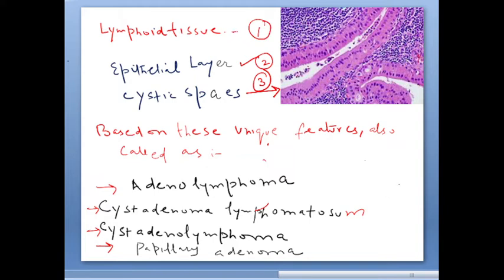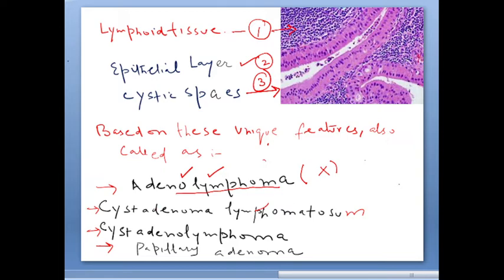Based on these characteristic features, they were called adenolymphoma, but this term was not accepted because it didn't reveal all the unique characteristic features of the lesion.